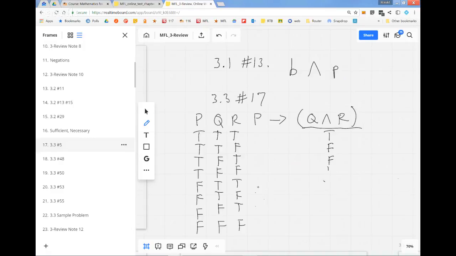False, false, they're not both true. True, true, they are both true. True, false, they're not. Now P, I'm going to just copy what we got under P, same thing we got in the first column here.